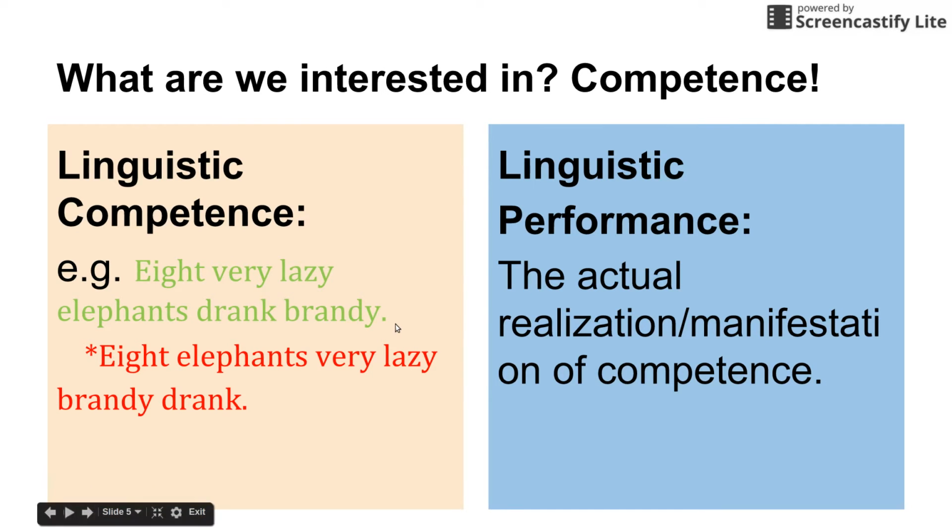That means that your linguistic competence gives you the information of whether this sentence is good, and this one you know is bad. On the other hand, we have linguistic performance, which is the actual realization or manifestation of competence.